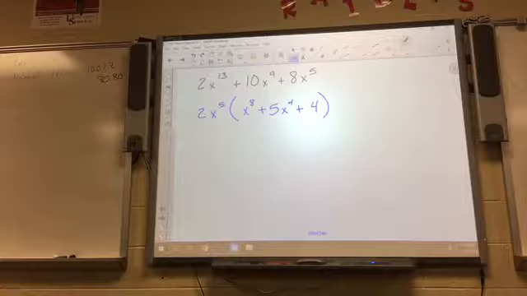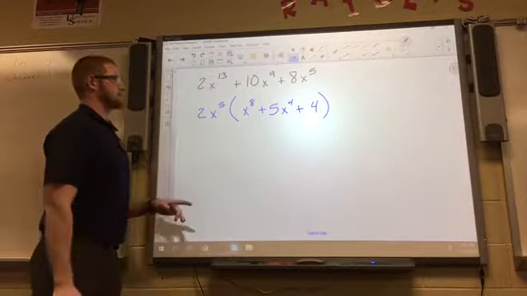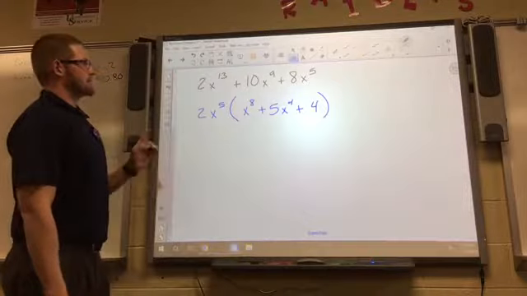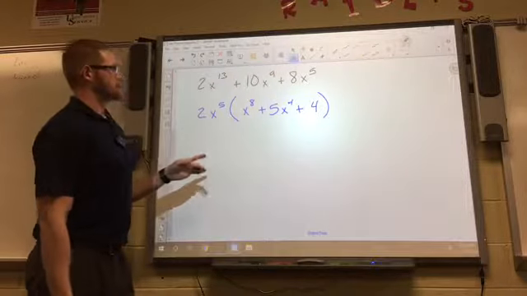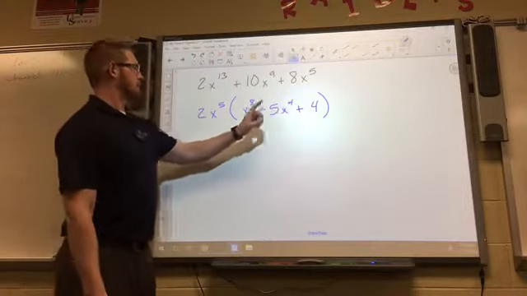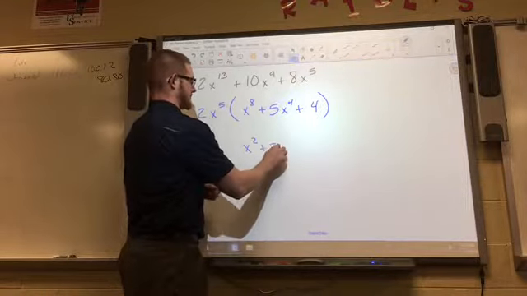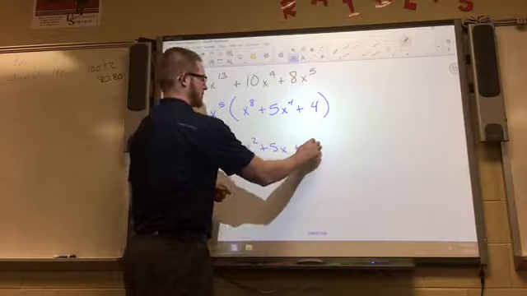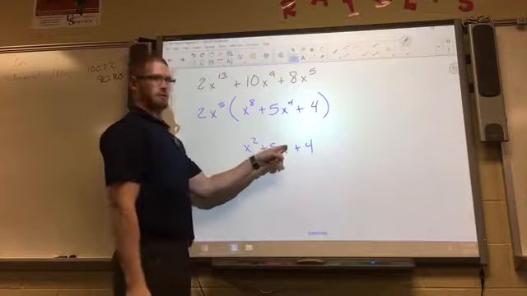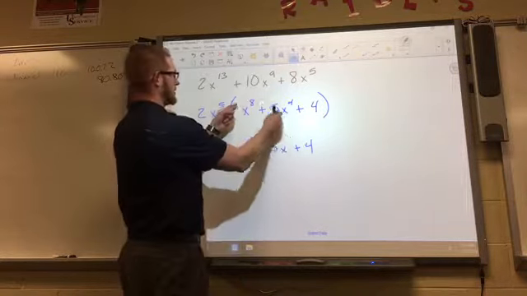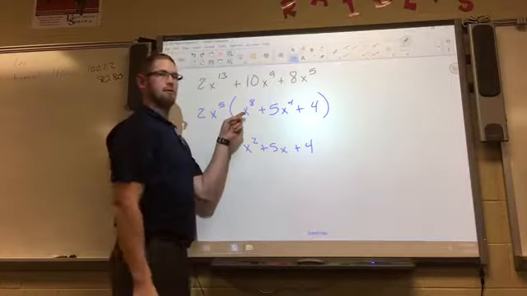Now, we came across this a little bit yesterday. I don't remember how much we talked about it in this class specifically. Is it okay to factor something when, because we're so used to things being like x squared plus 5x plus 4 with a squared and an x to the first, is it okay to factor something like this? Yes.